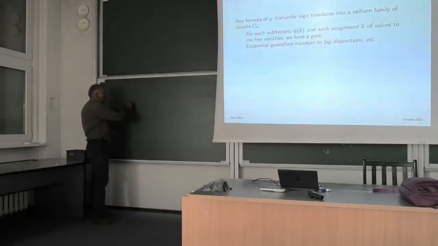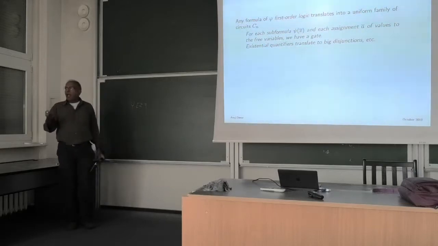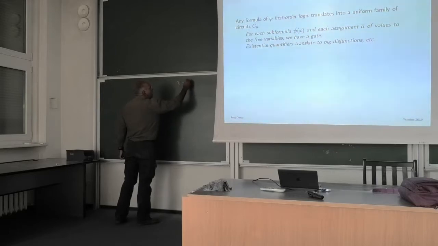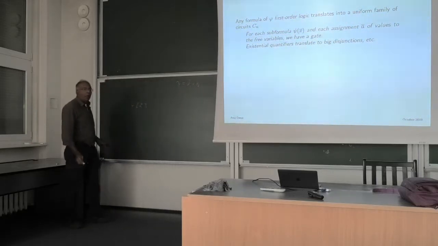So this is a gate, psi, A bar. Now what are the connections? Well, every formula has a connector at its head, what are the possibilities? If psi is theta 1 or theta 2, okay?